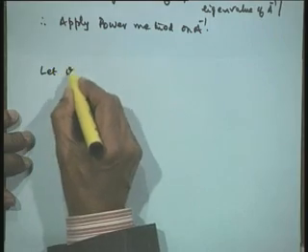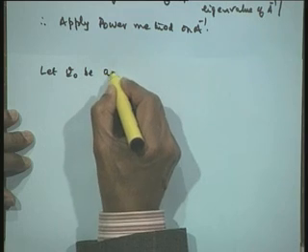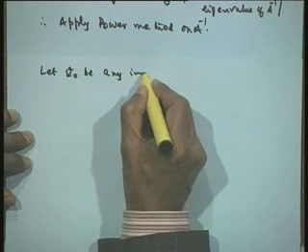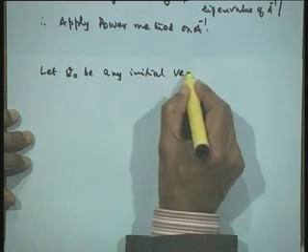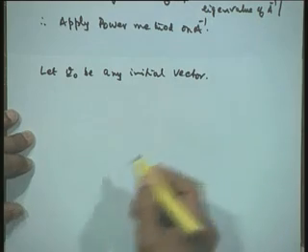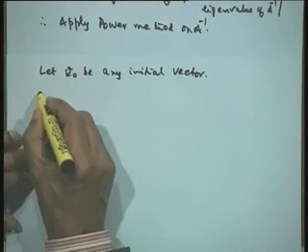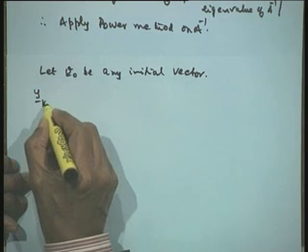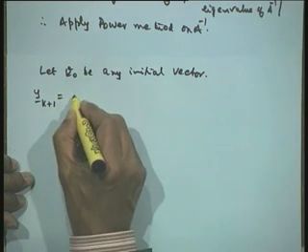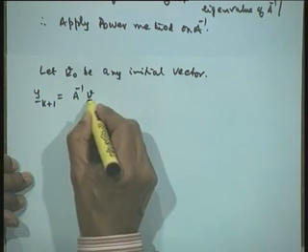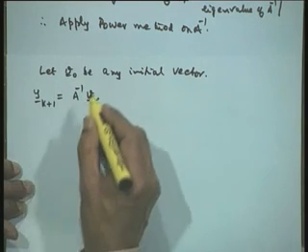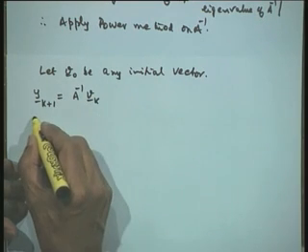So, let us again start with any initial vector, let V naught be any initial vector, of course, again non orthogonal to the actual eigenvector. Then the iteration is y k plus 1 is A inverse of V k. I am applying the power method on A inverse.